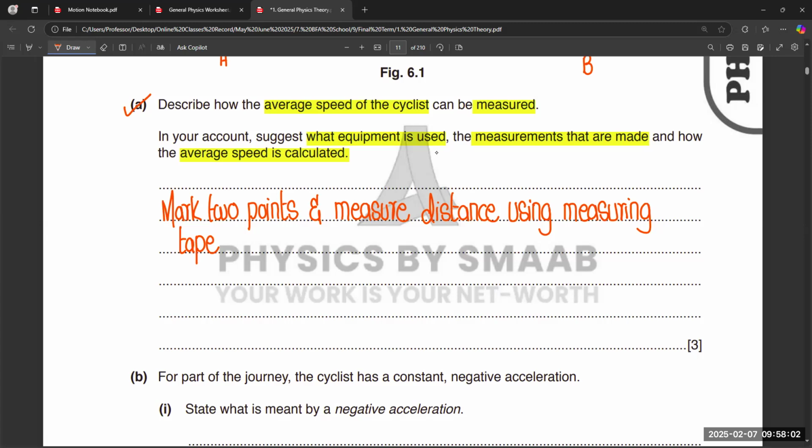So with the help of the measuring tape, we can measure the distance and then use a stopwatch.